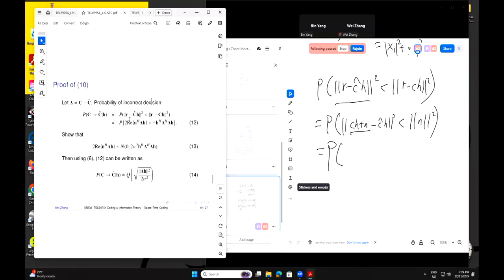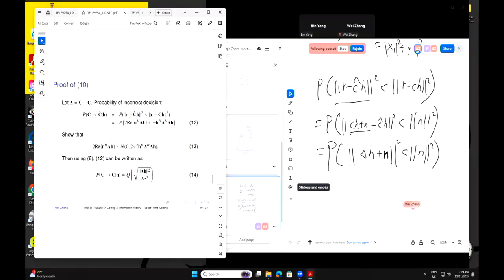Because CH minus C hat H is called delta H, we have delta H plus N, square smaller than N square. Can you see that? Is that correct? Because CH minus C hat H is delta H. So you got this step. So far it's fine, right?